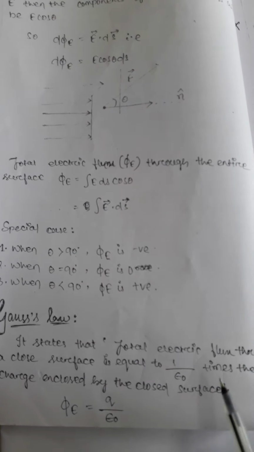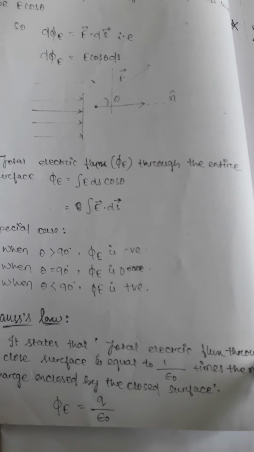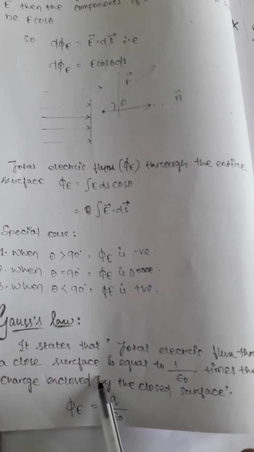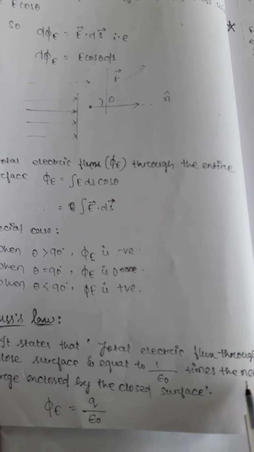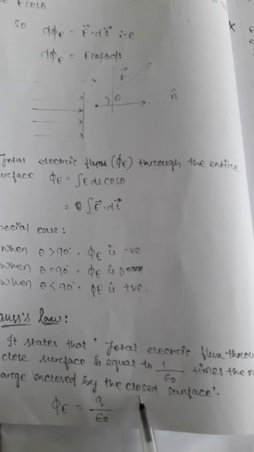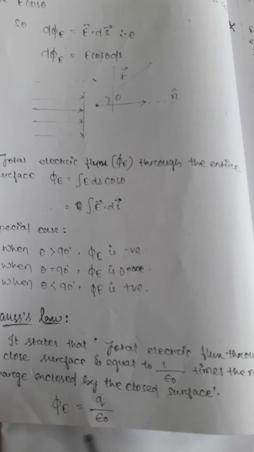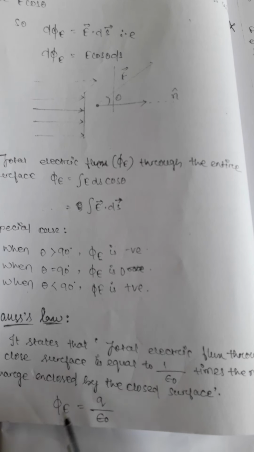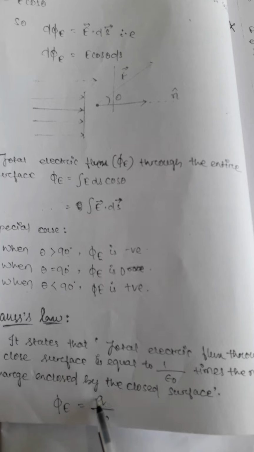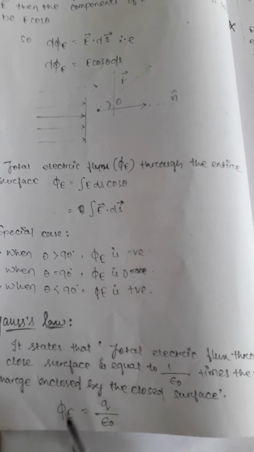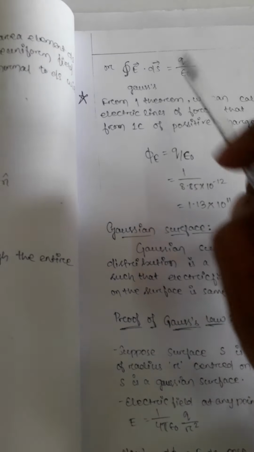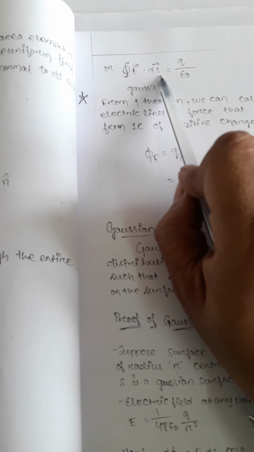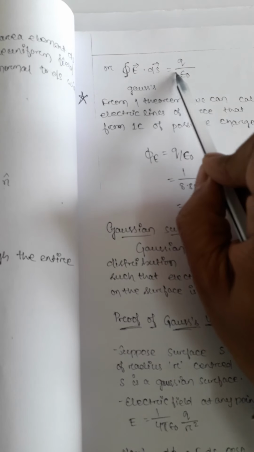Gauss law states that total electric flux through a closed surface is equal to 1 by epsilon naught times the net charge enclosed by the closed surface. So, electric flux phi E is equal to Q divided by epsilon naught, and instead of phi E, we can write closed integral E ds, and closed integral E ds is equal to Q by epsilon naught.